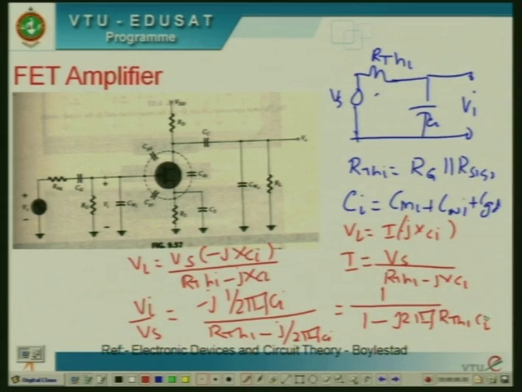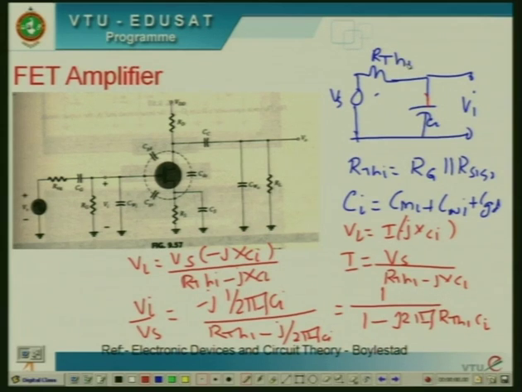Then Vi by Vs is complex in nature. For this circuitry, we need to find the impedance. When the reactance of a capacitor is equal to the resistance, it transfers the maximum power. That means at a particular frequency, the reactance of the capacitor is equal to the resistance of the amplifier.